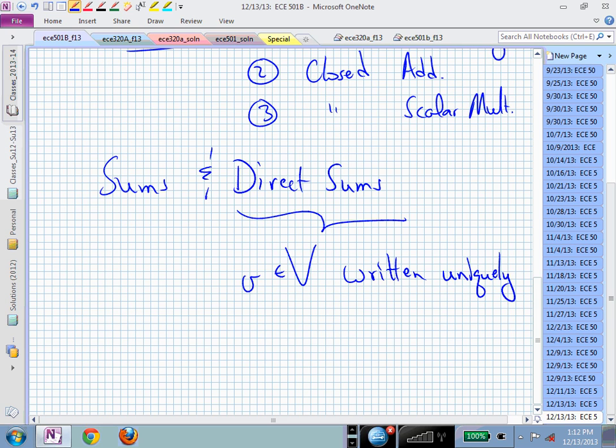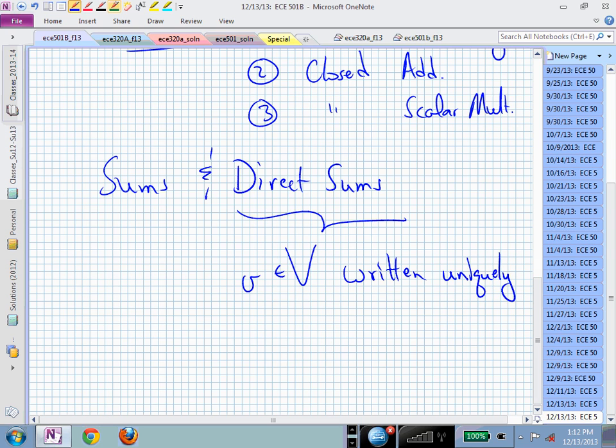That's the only way that you can write a V, uniquely from an element or vector in the subspaces making up that direct sum for the total space V. That's chapter 1, the main ideas behind chapter 1.